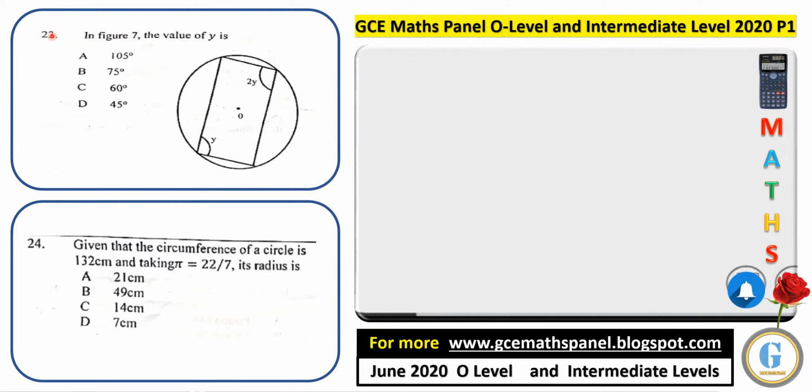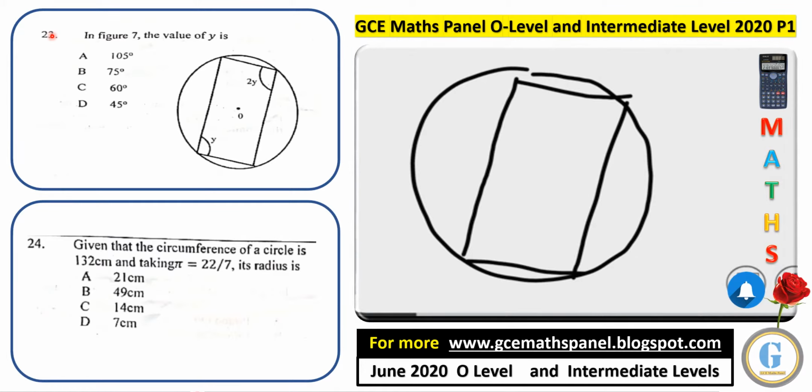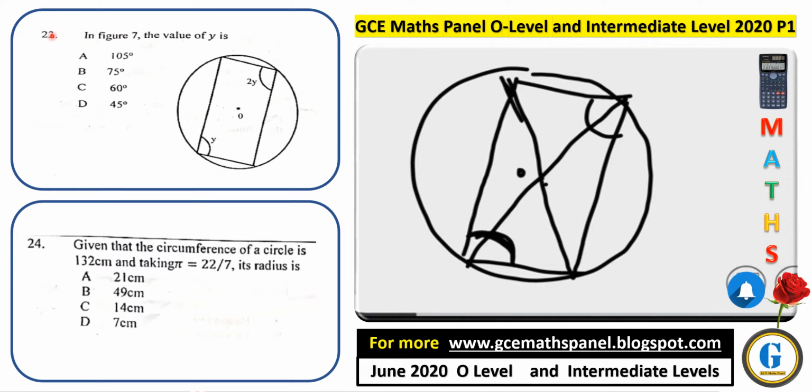Normally we have to consider that the diagonal of this passes through the center of the circle. Just draw. This is O. We consider that this is the diagonal. So here we have two Y's. Here we equally have two Y's. So now this is the diagonal. This diagonal passes through the center of the circle and is the diameter.